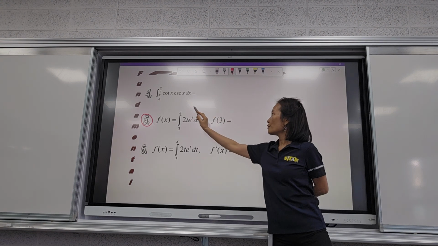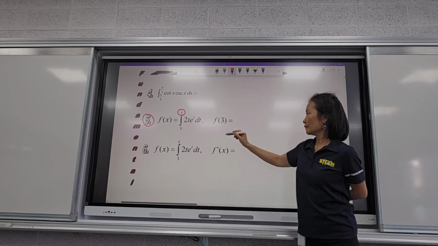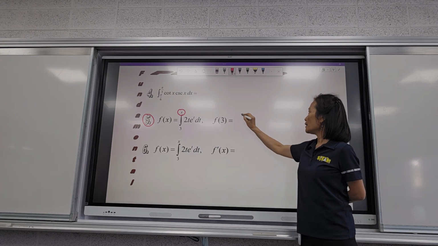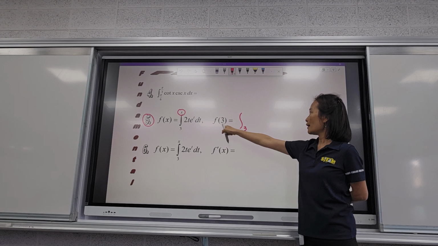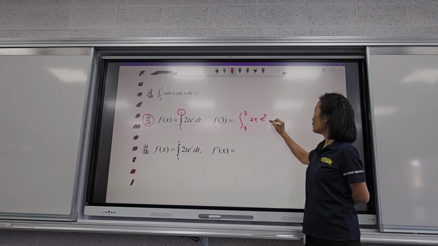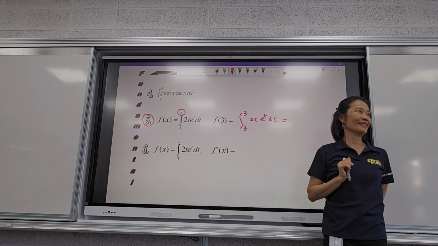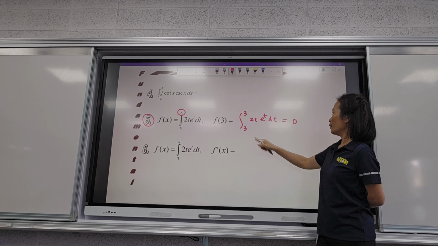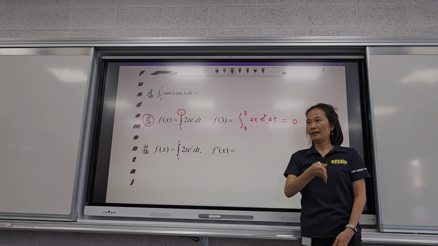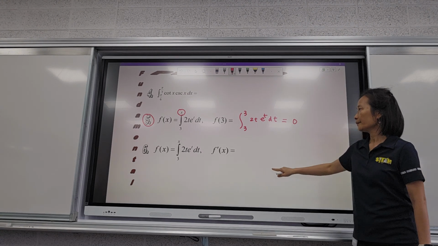I'm just going to substitute x with 3, right? I'm going to go by that definition of f of x. F of 3 is the integral from 3 to x. X is now 3, so 3 to 3 of this complicated function. What is it? Won't it just be 0? Yes. We learned the definite integral when the limits are the same. There is no area under that curve. So that's an easy question.